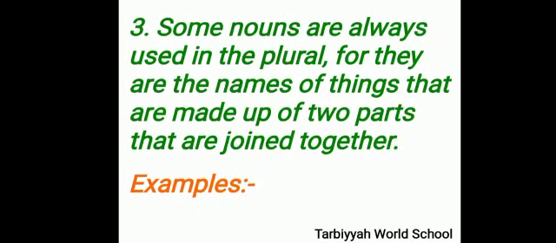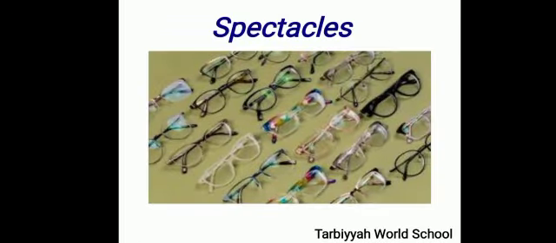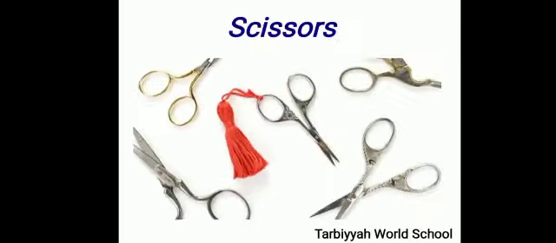Okay, and some nouns are always used in the plural because they are the names of things that are made up of two parts that are joined together. For example, jeans, spectacles, scissors. Okay.